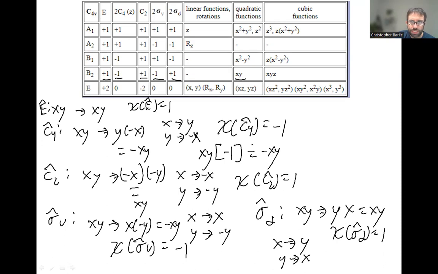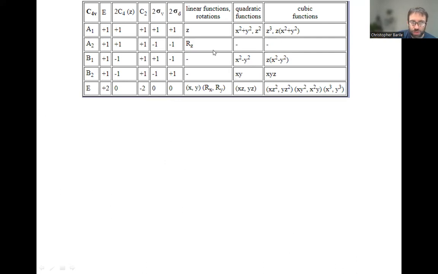Let's do one more example here on a quadratic. Let's do, how about x squared minus y squared? So we can keep going here. Well, identity is our first one. That's always very boring. x squared minus y squared is going to go to itself.